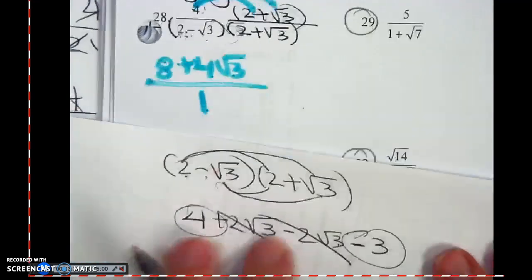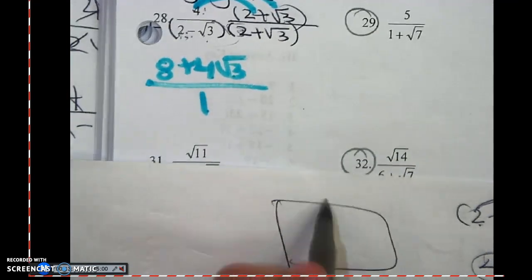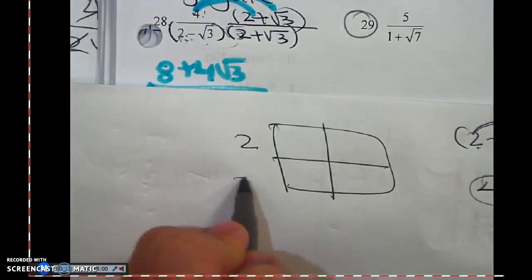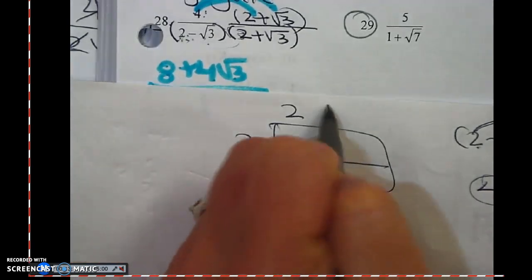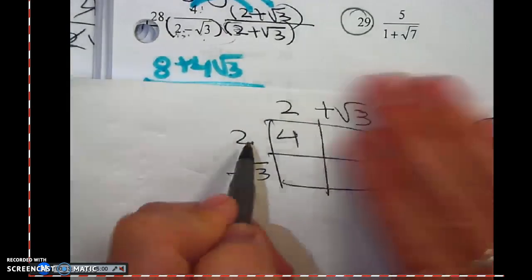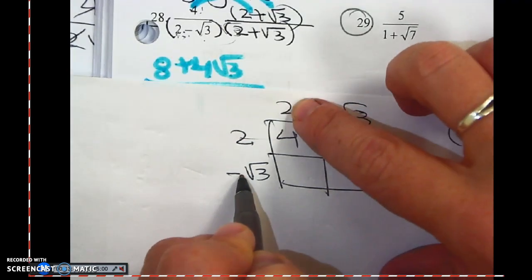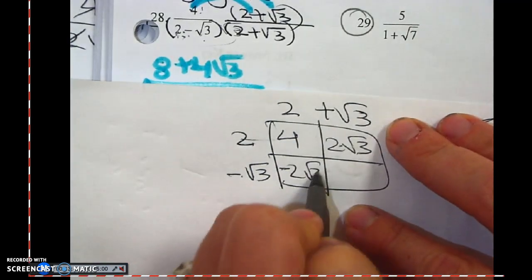Now, some of you didn't learn FOIL. Some of you learned the box method. So let me show you the box. I could go 2 minus rad 3, or I could go 2 plus rad 3. Remember, 2 times 2, 4. 2 times rad 3, 2 rad 3. Negative 2 times rad 3 is negative 2 rad 3.